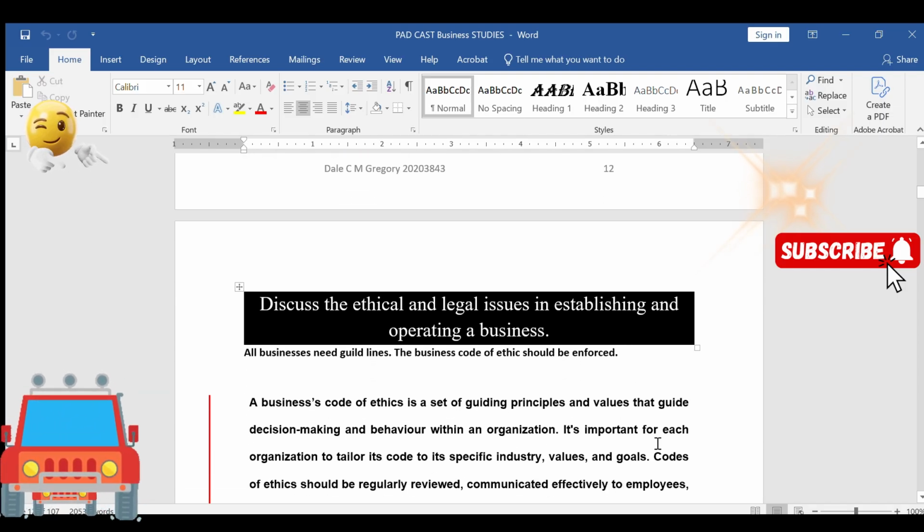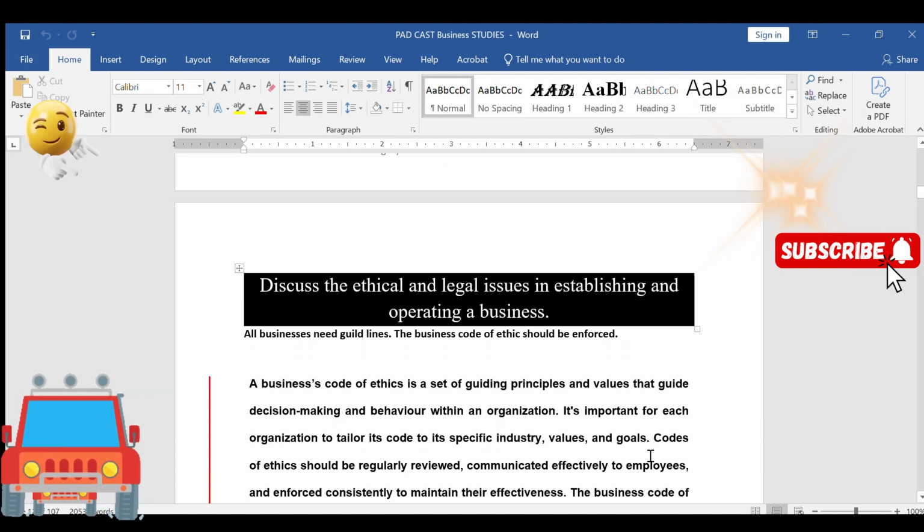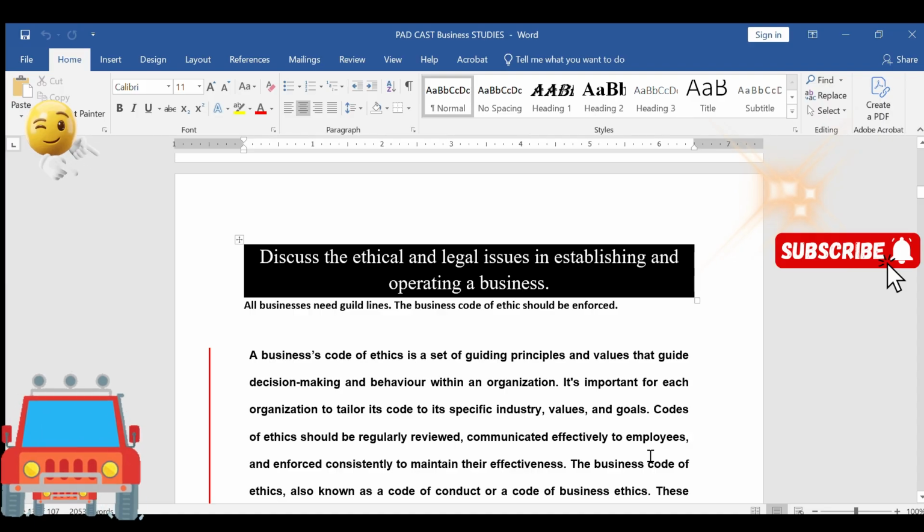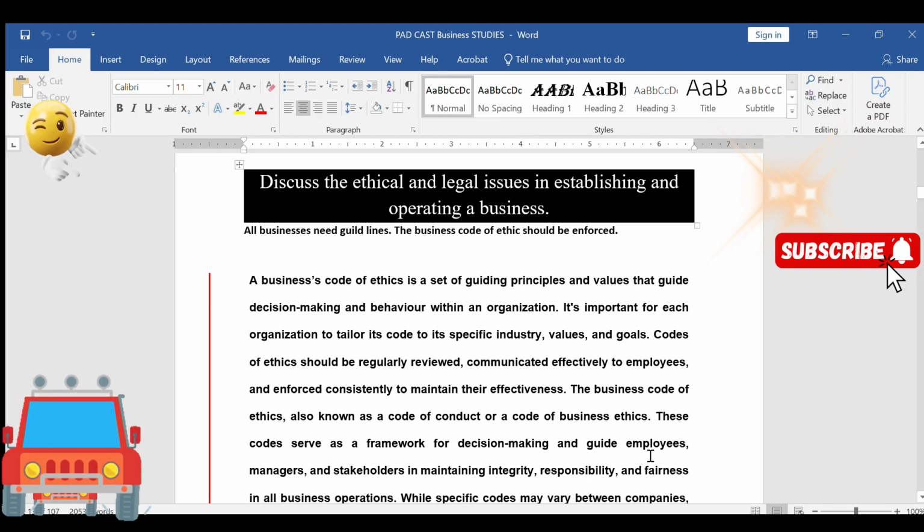We will be discussing the ethical and legal issues in establishing and operating a business. All businesses need guidelines. The business code of ethics should be enforced. A business code of ethics is a set of guiding principles and values that guides decision making and behavior within an organization.